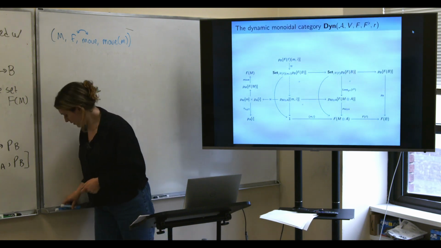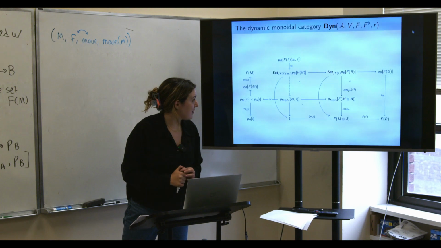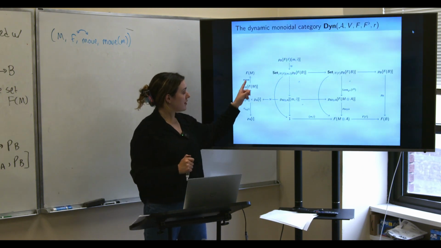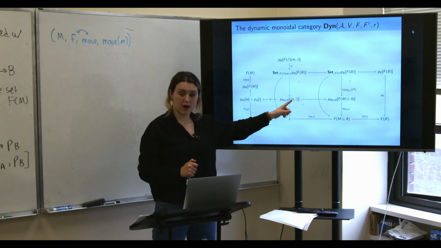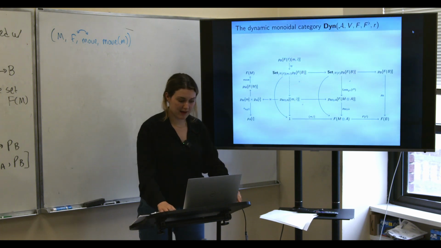Eliding the promised explanation, I'll just point out that the existence of the actions on directions and the updates depends on this dotted arrow existing, which is a consequence of the universal property of pullbacks.